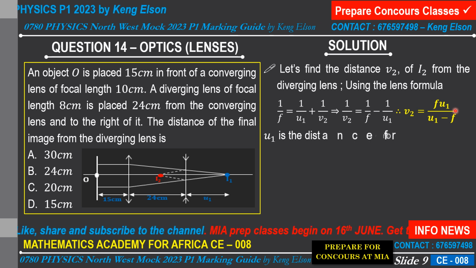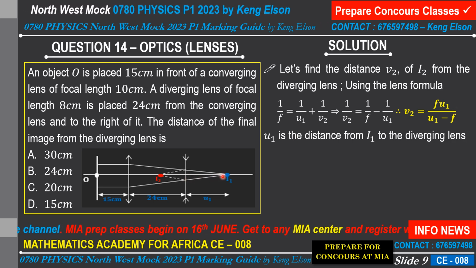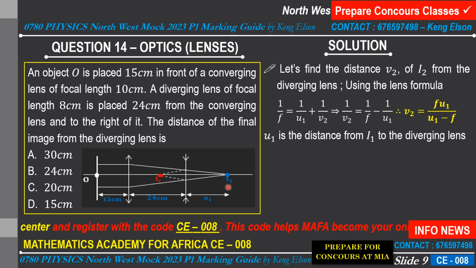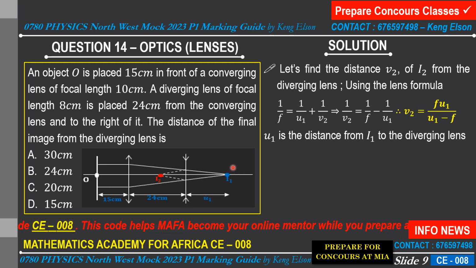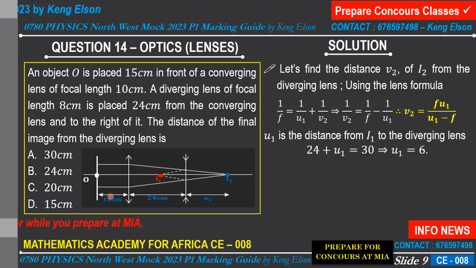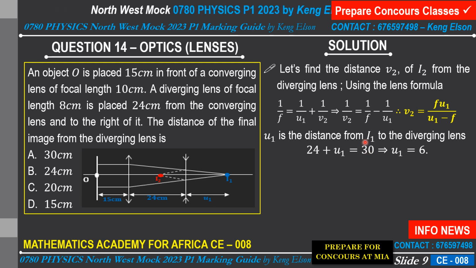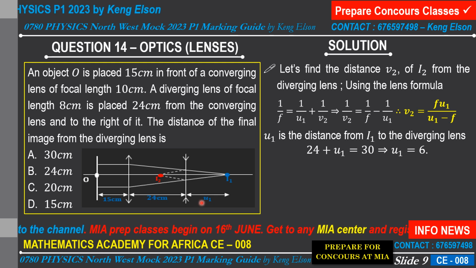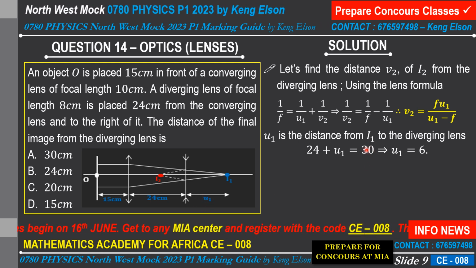Let us get u1. We said that u1 is the distance of I1 from the diverging lens, because this I1 is now the object of the diverging lens. So u1 is the object distance from the diverging lens. And we clearly see that if we take 24 plus u1, we must get v1, which was 30, because we found that this image I1 is at a distance of 30 centimeters from the converging lens.